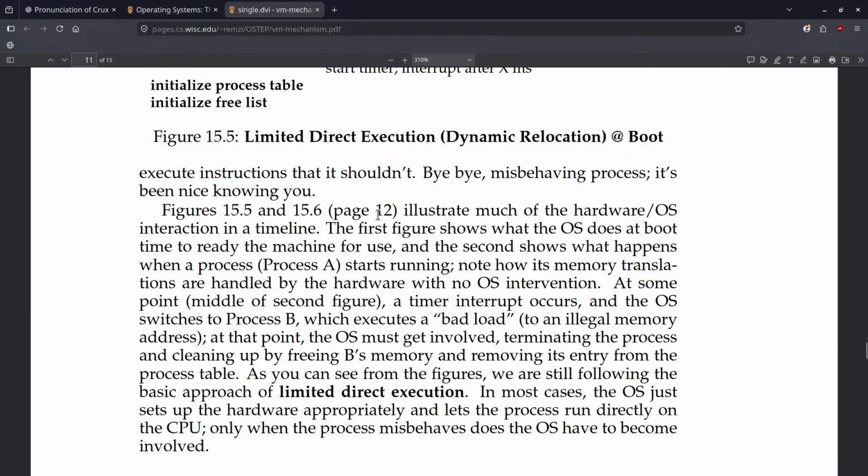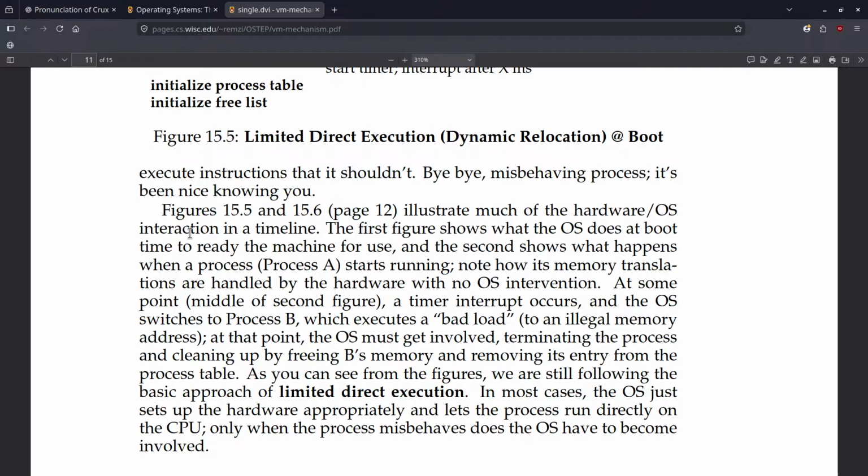The figures illustrate much of the hardware and OS interaction timeline. The first figure shows what the operating system does at boot time to ready the machine for use. The second shows what happens when a process A starts running.